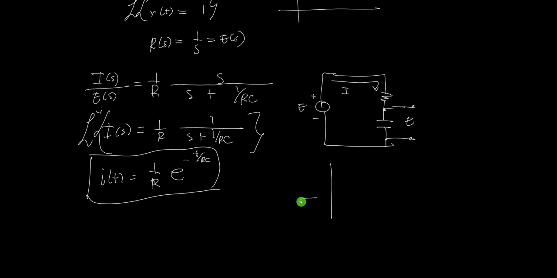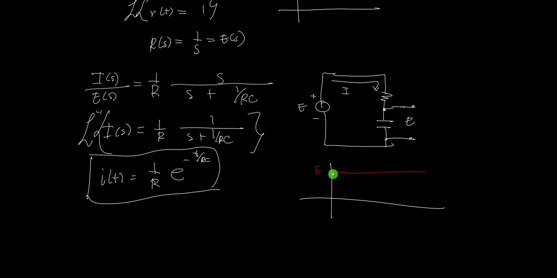So if we graph that, so if this is our input, that DC voltage E, then what will be the graph of our unit step response?